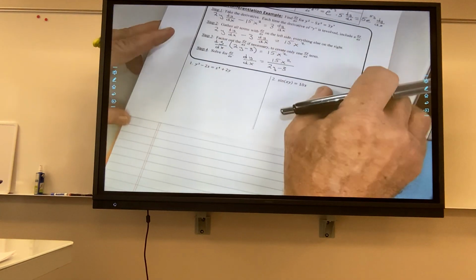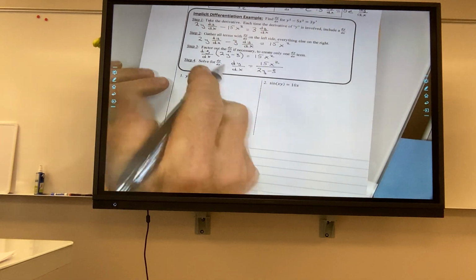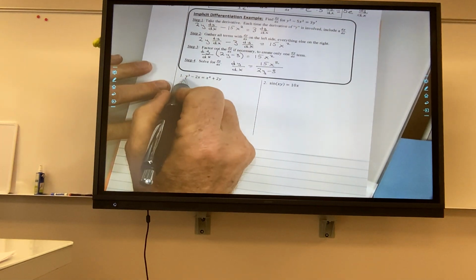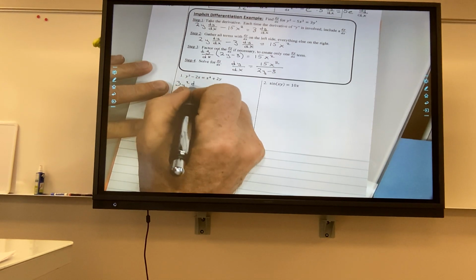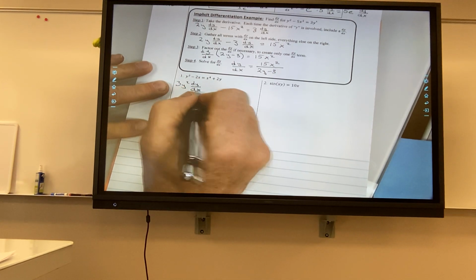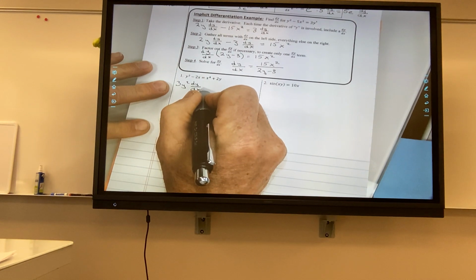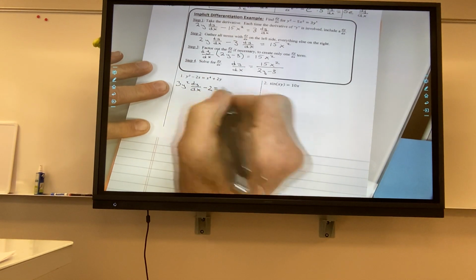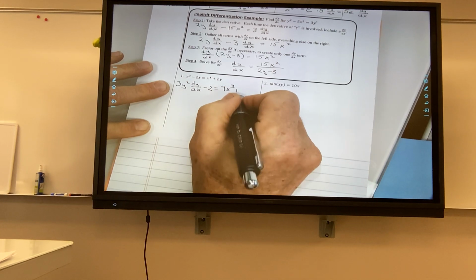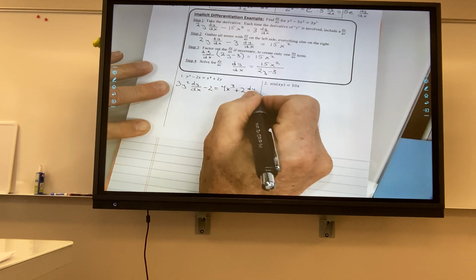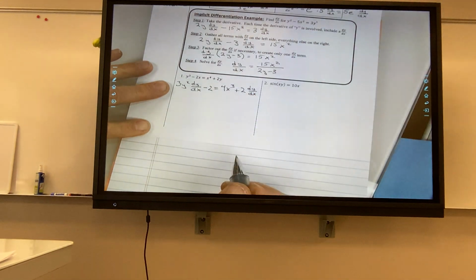So let's take a look at this. Tyler, take this derivative. What's next? Equals what? 4x cubed plus 2dy. Okay, excellent. Perfect.